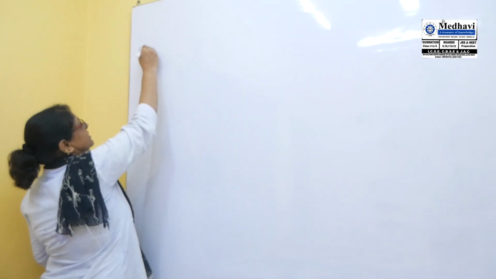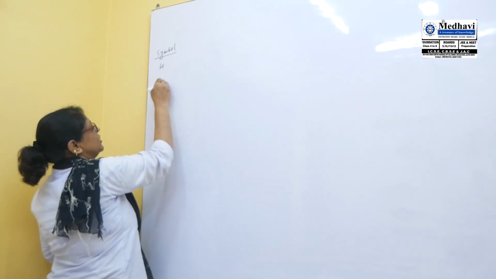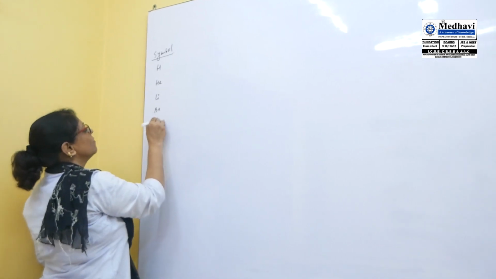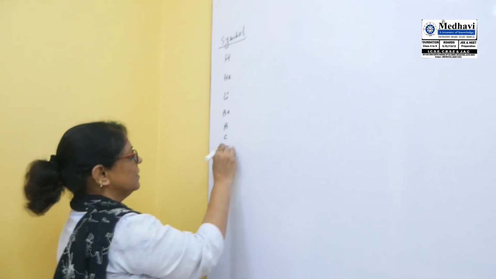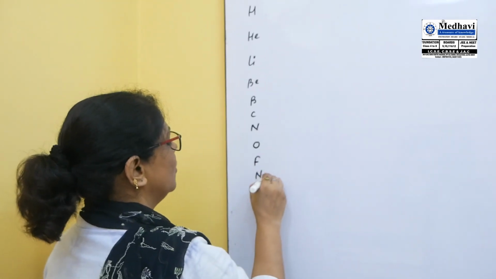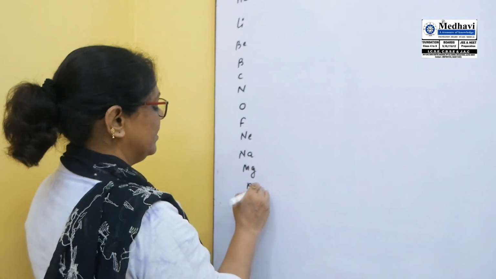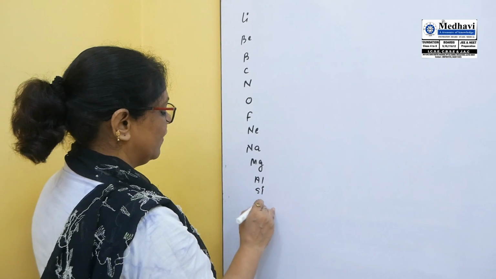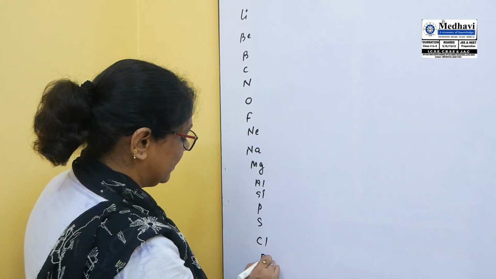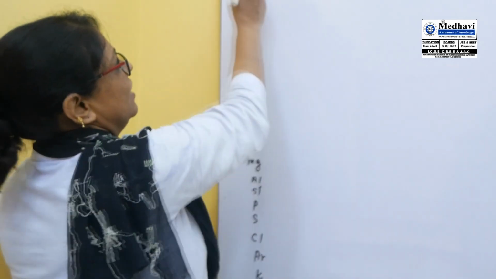Here I am going to write the symbols: H, He, Li, Be, boron, carbon, nitrogen, oxygen, fluorine, neon, sodium, magnesium, aluminium, silicon, phosphorus, sulfur, chlorine, argon, potassium and calcium. These are the 20 elements.